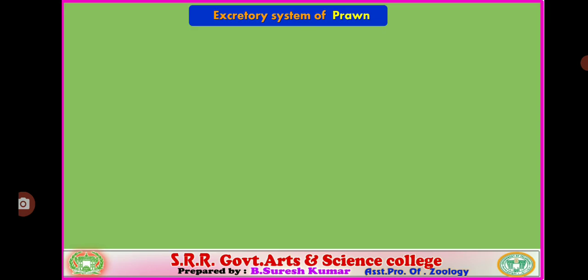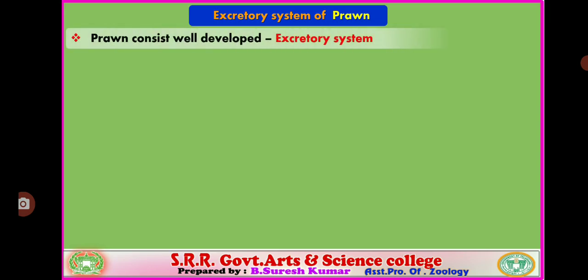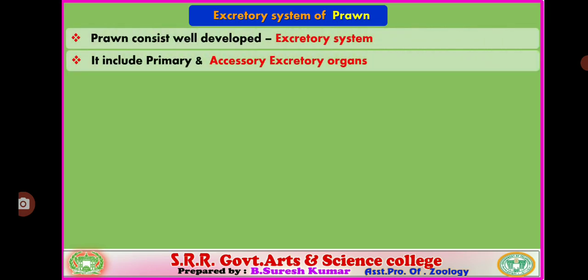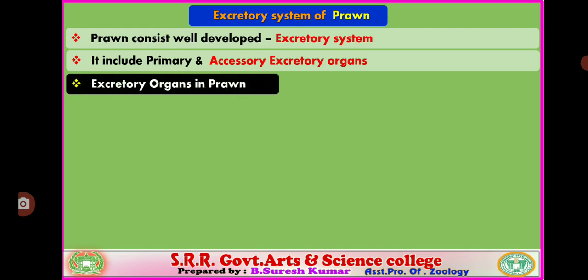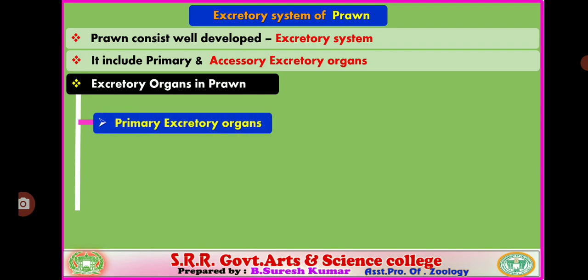Let us see the excretion mediated by excretory organs. The excretory organs together form the excretory system. The excretory system of prawn includes two kinds of organs: primary excretory organs and accessory excretory organs. Primary excretory organs mediate only excretion, but for accessory excretory organs the primary function is something else, though they partly assist excretion.